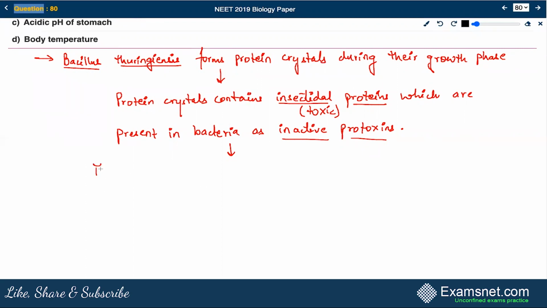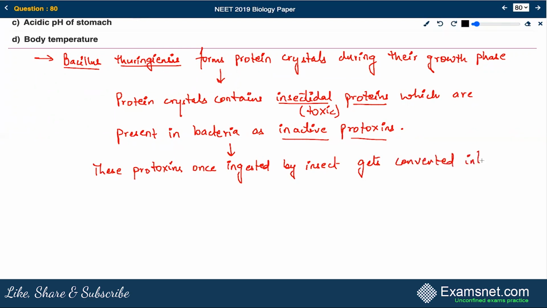So these protoxins, once ingested by the insect, get converted into the active form of toxins.